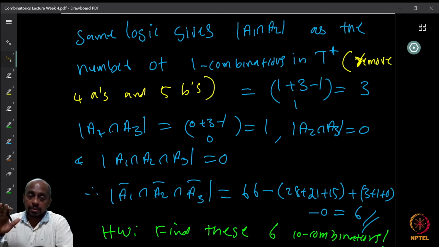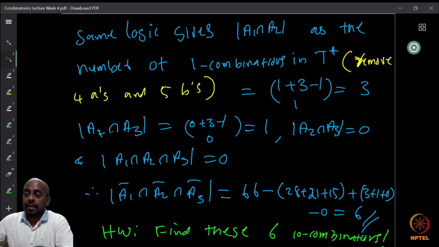So those let us remove as in the previous case. So you will get 1 combinations in T star, so that we can count, and they are in one-to-one bijection again as in the previous case. So therefore it is going to be 1 plus 3 minus 1 choose 1, which is 3. So 3 is the cardinality of A1 intersection A2.